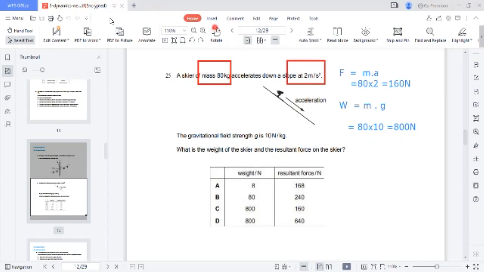So we are left with only this option. The correct option is this one.